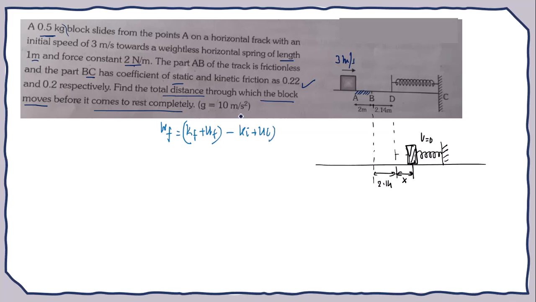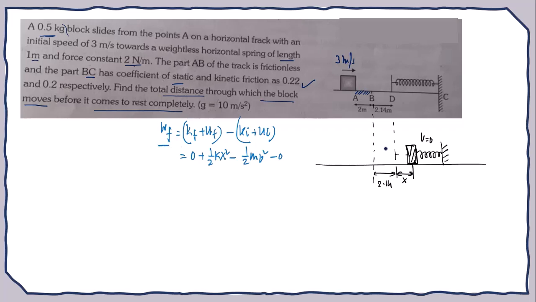That is our equation. Final kinetic energy is 0. The potential energy, with the spring compressed by a distance x, is half kx square. Minus the initial kinetic energy, half mv square, which is given, and the initial potential energy is also 0.